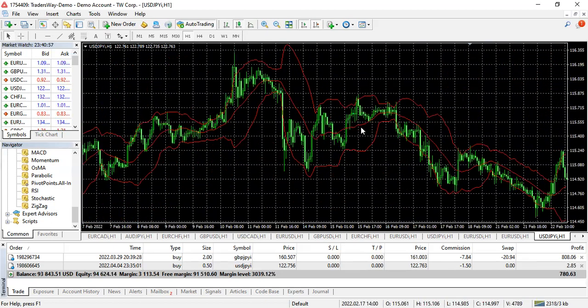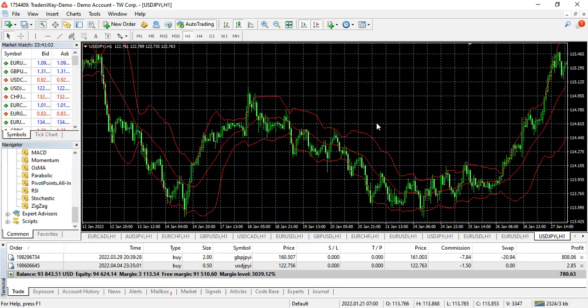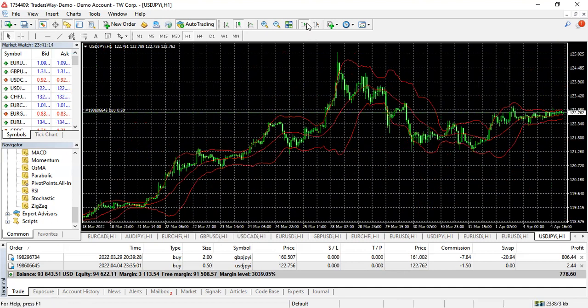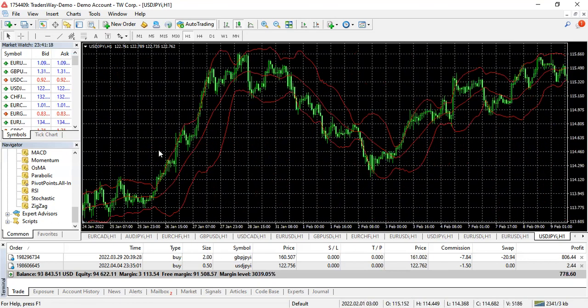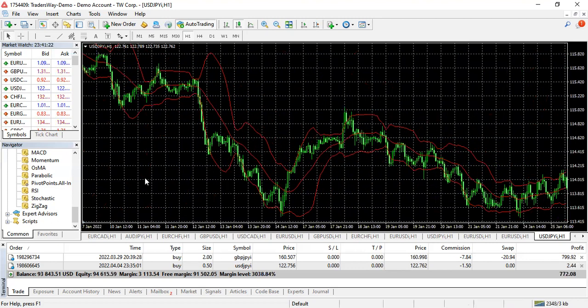Let me backtest very well. Let's assume I'm using Bollinger Bands to identify a spot where I can set my stop loss. Oh, it reversed. So let us start from here.